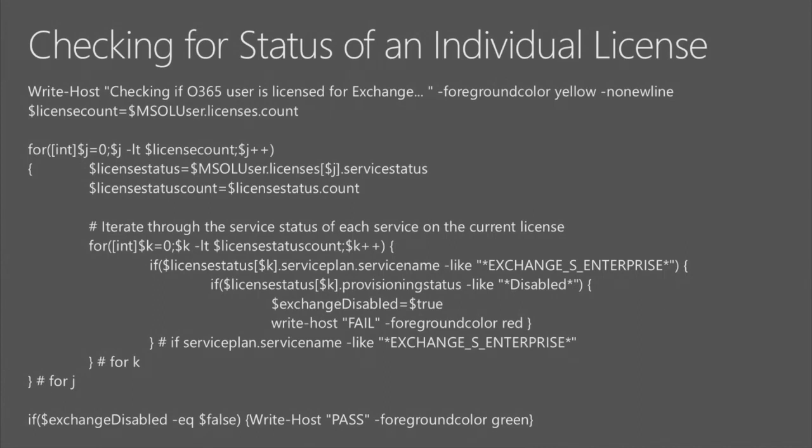So what I did is I took MSOL user .Licenses, and when you see the bracket $j, at first it's going to be 0. The licenses property of a user holds all of the different license packs that have been assigned to that user. So 0, 0-based, so the first one.